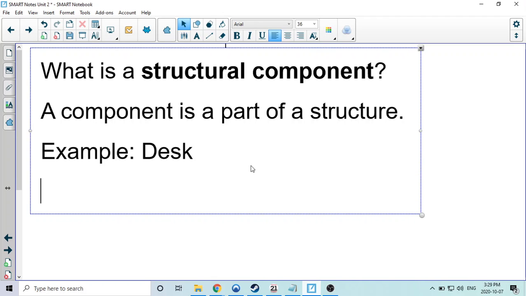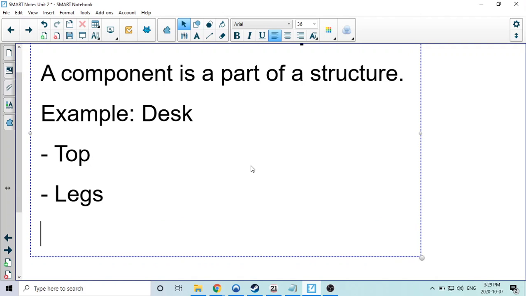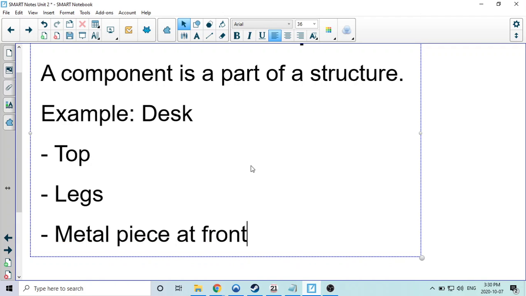Its components would be the top, the legs, the metal piece at the front, or anything else that is a piece of the structure. For a door, you would have the door itself, the hinges, the handle, the lock, all of these things. Okay? All right.